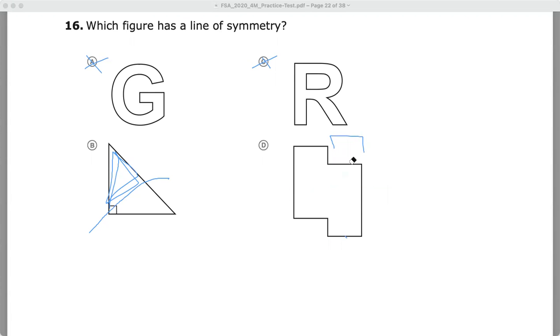If you put a line down the middle this way, same thing, this would be too high and this would be too low. So that is not a line of symmetry. B would be the correct answer with the triangle.